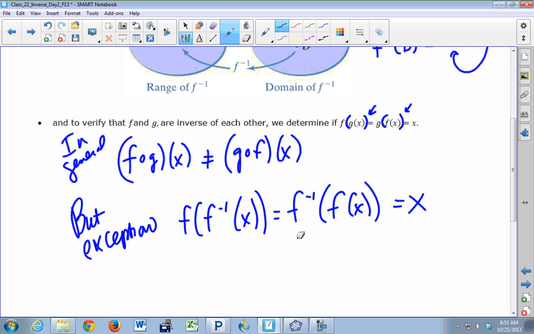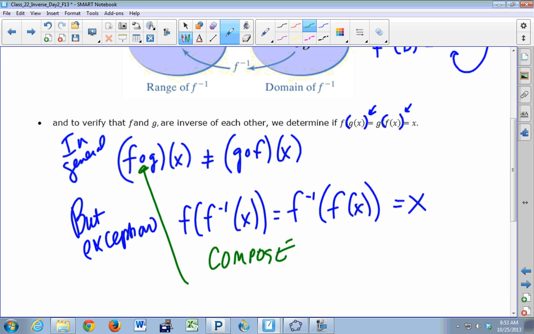What is this called? What are we doing to these functions? What does this notation represent? f to the negative 1 is inverse, but when I put two functions together in a sequence like this, they're composed, right? So when you compose your functions, that's what this little circle means.